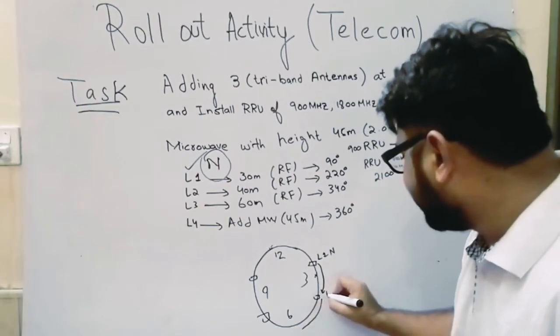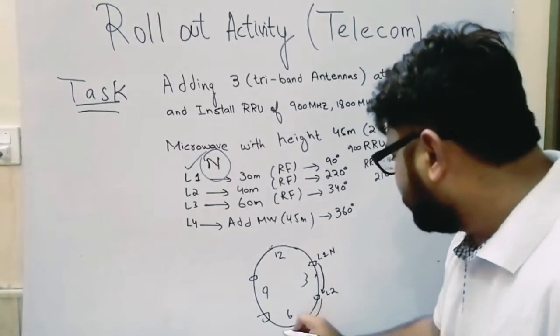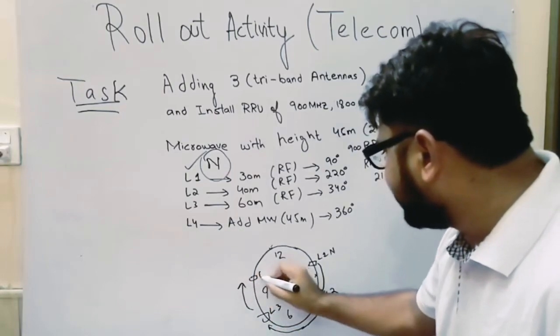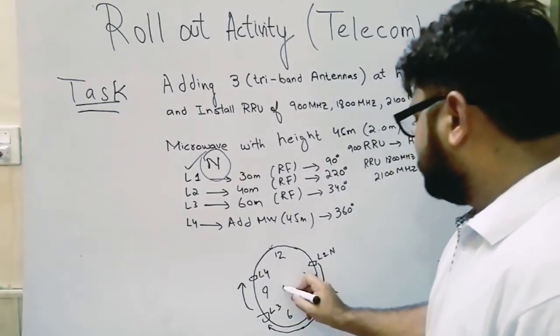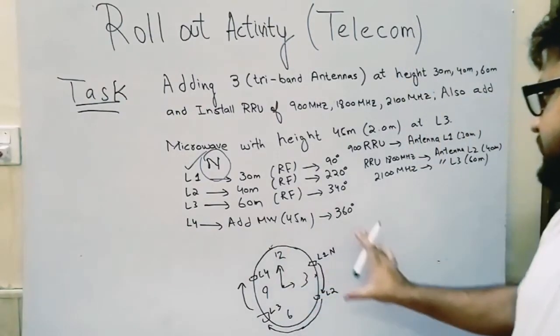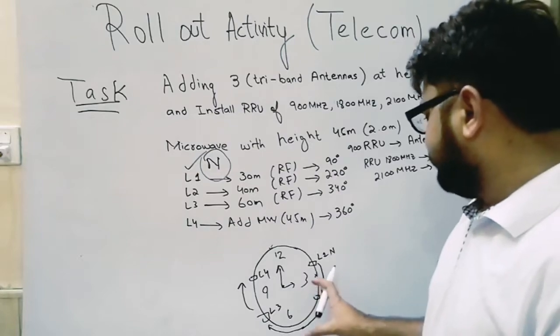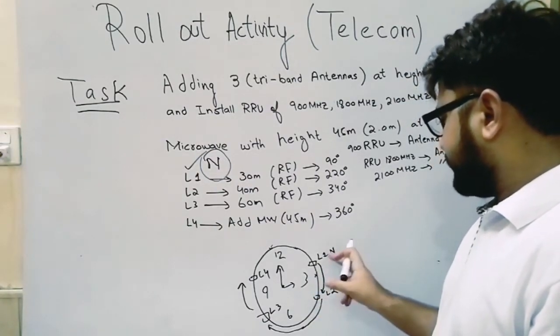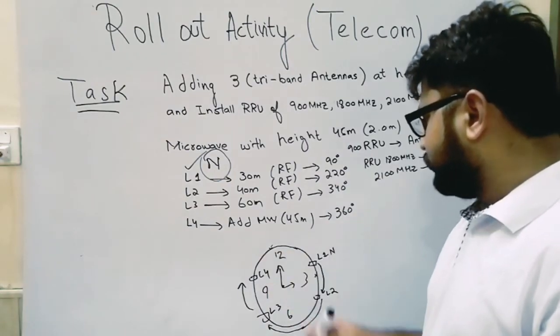So that leg is leg 2, and the next leg is leg 3, and the next leg is leg 4. So I hope you understand this clockwise direction for the legs: leg 1, 2, 3 and 4.